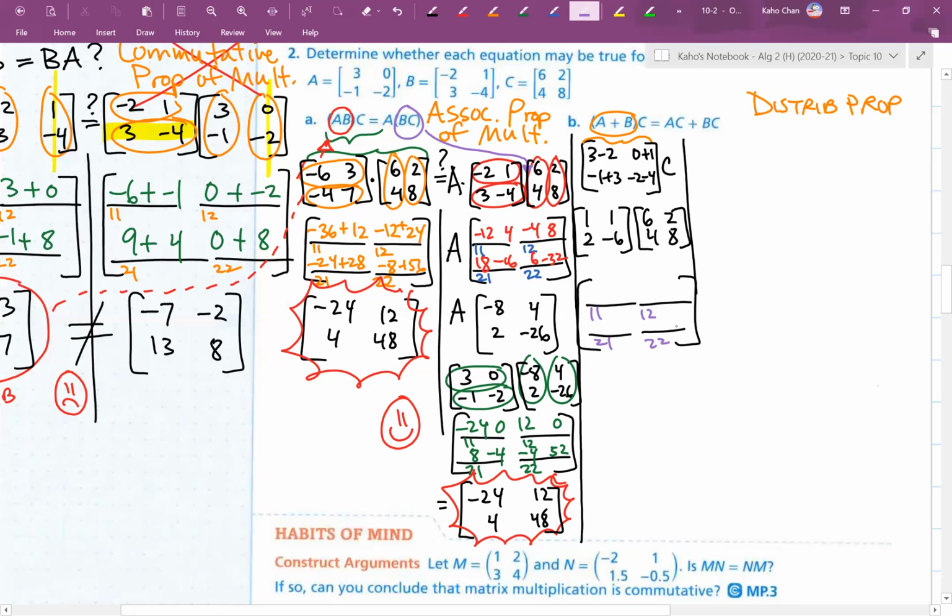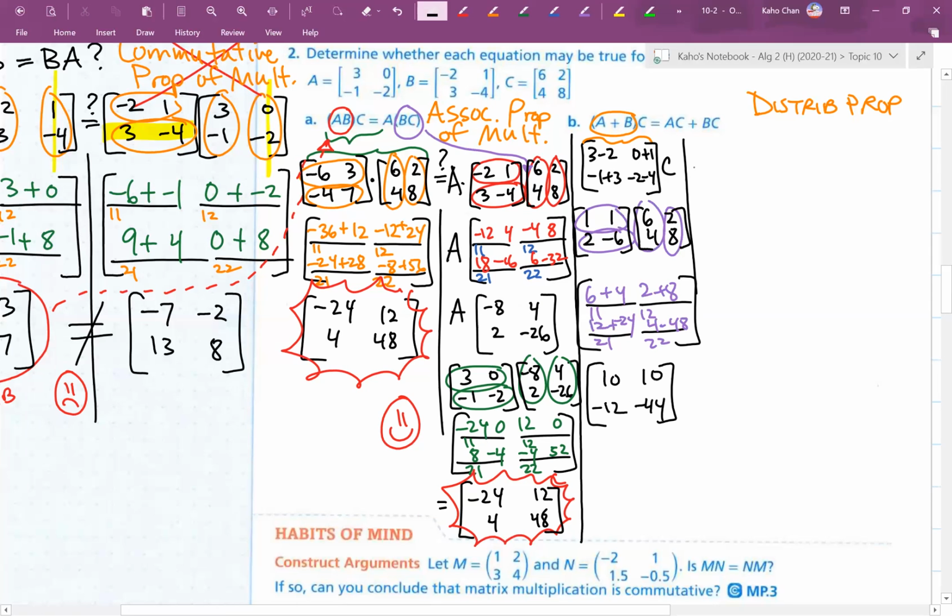You're kind of getting used to what I'm doing here. 6 plus 4, 2 plus 8, 12 plus negative 24. Holy cow. And 4 minus 48. Yeah, this is before the internet. So we get 10, 10, negative 12, negative 44.